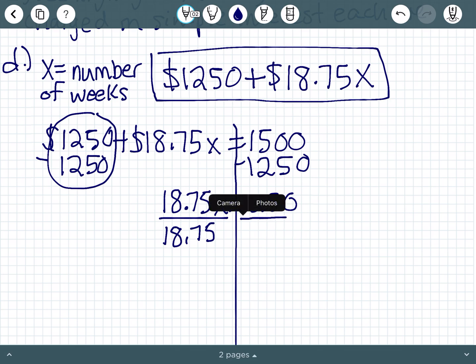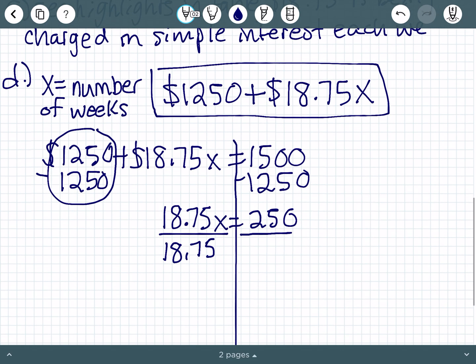And to keep the equation balanced, I have to do that on the other side as well.